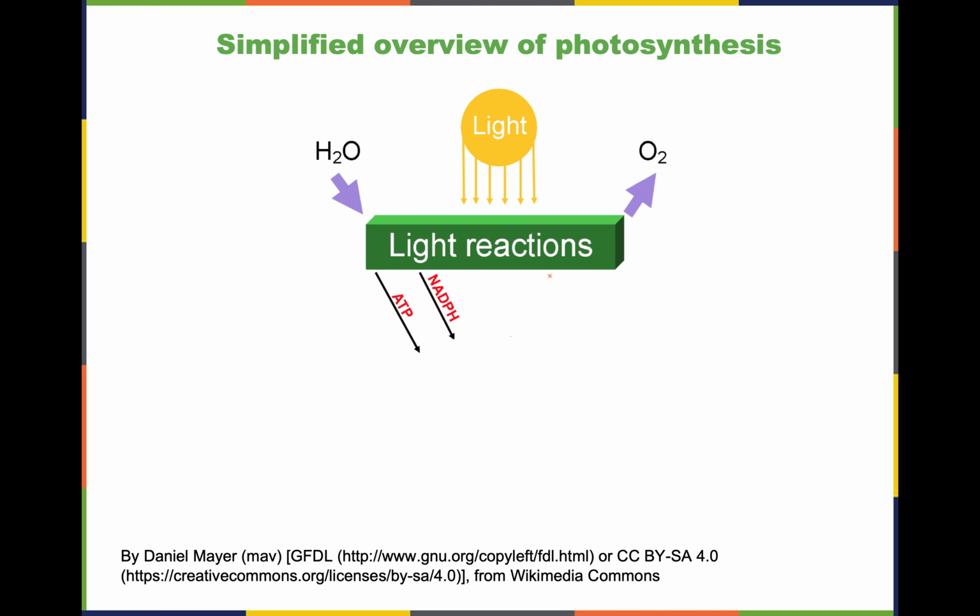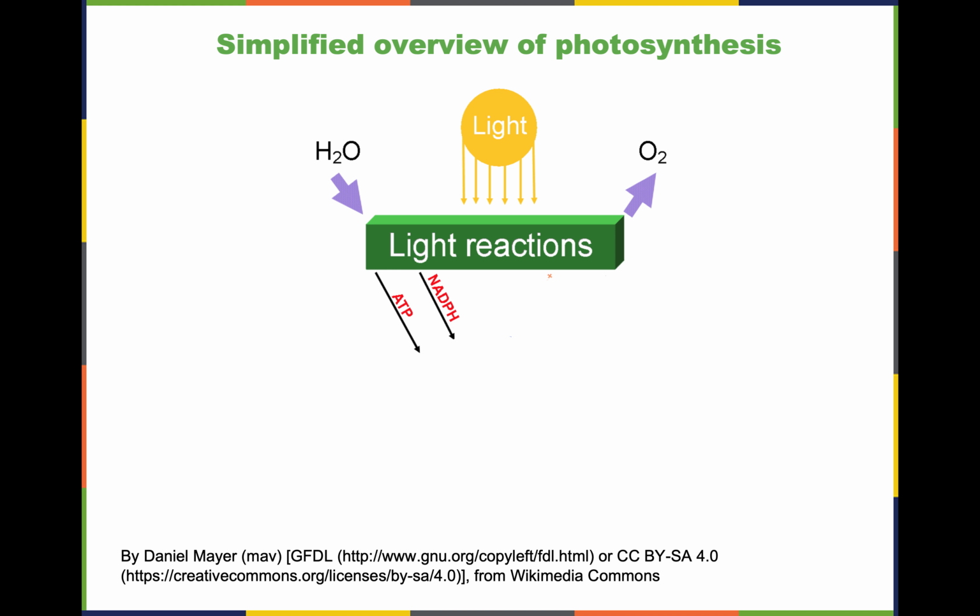So let's take a look at the simplified overall reaction of the photosynthesis pathway. There are two steps, two phases of photosynthesis. The first one is the light reaction. The reason they call it the light reaction is because it's the step at which light is actually absorbed.